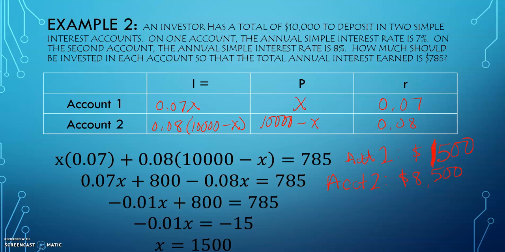To get that $8,500, we did the $10,000 minus our x value, so $10,000 minus the $1,500 gave us $8,500. We wanted to find the total interest earned, so we had to add the interest amounts and equal it to 785.